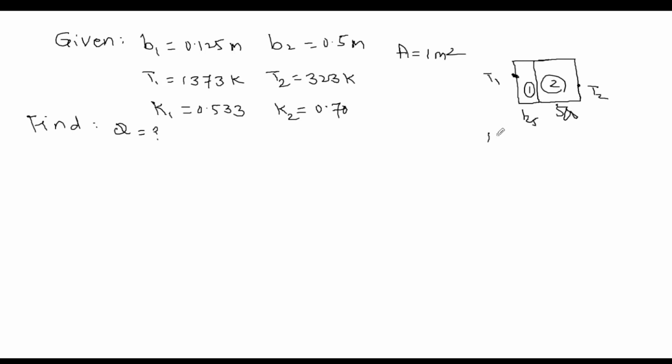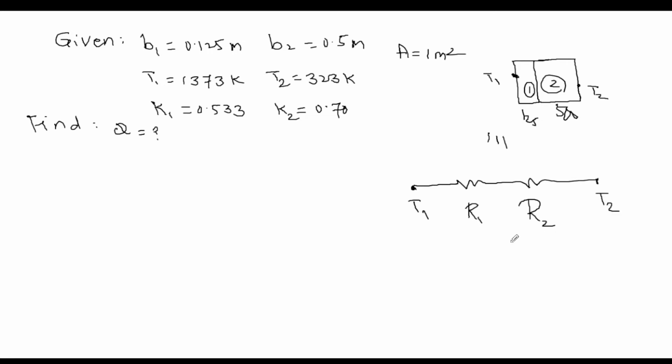So the electrically equivalent system has R1, that is the resistance to heat flow due to wall number 1, and R2 due to wall number 2, that is the red brick wall. They have given us temperature T1 at this location and T2 here.